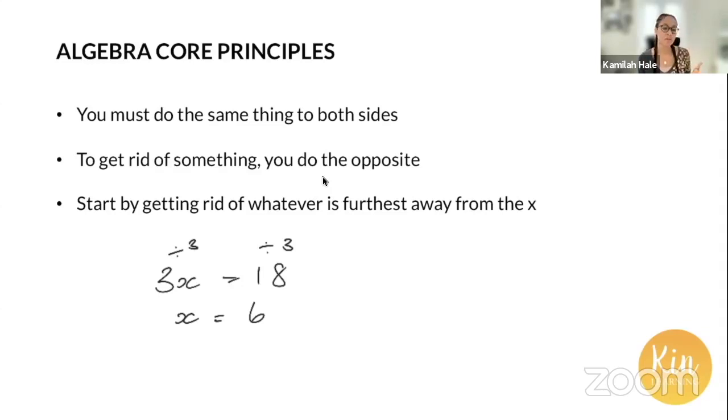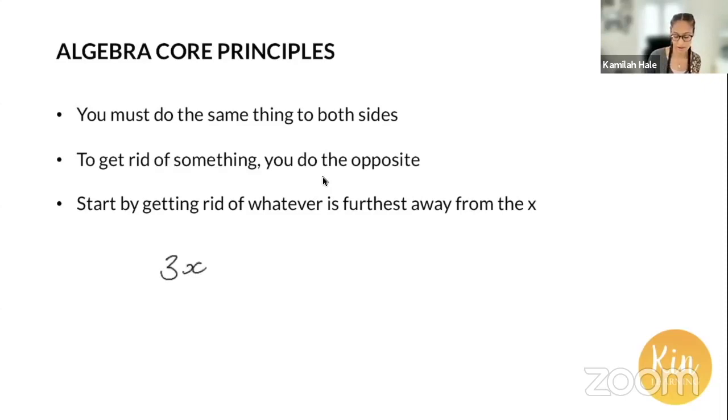Secondly, to get rid of something, you do the opposite. What I mean by that is if I have 3x plus 5 equals 21, for example, and I don't think that gives you a nice neat answer, but that's okay. If I don't want the plus 5 here, because I want to get x on its own, then I'll do the opposite of plus 5, which is minus 5.